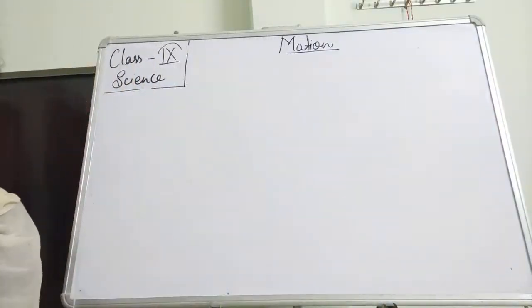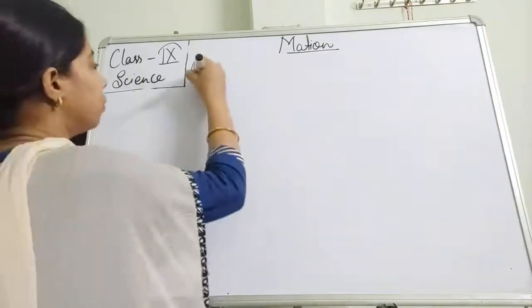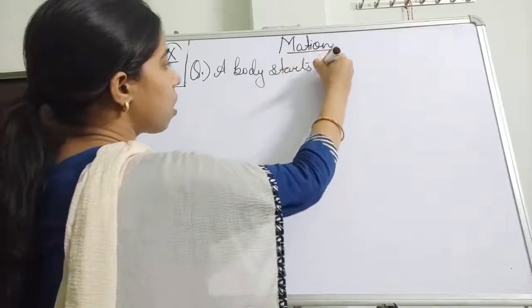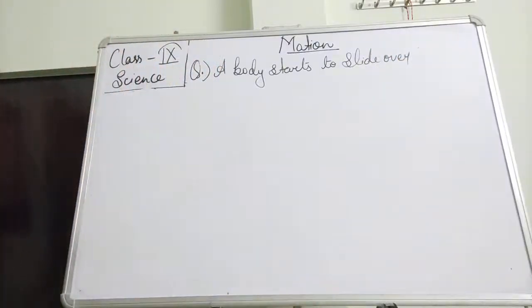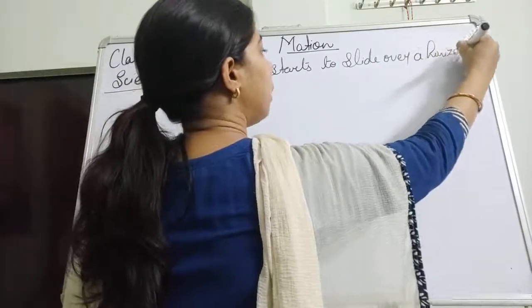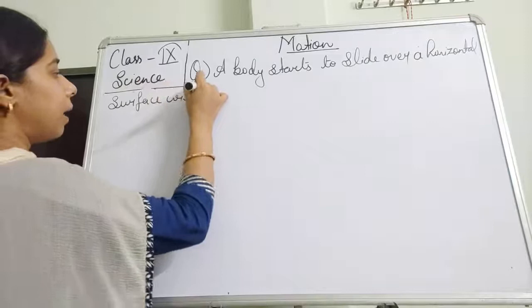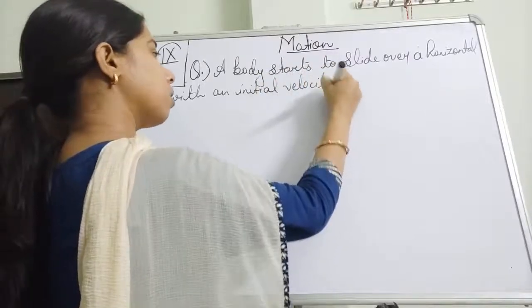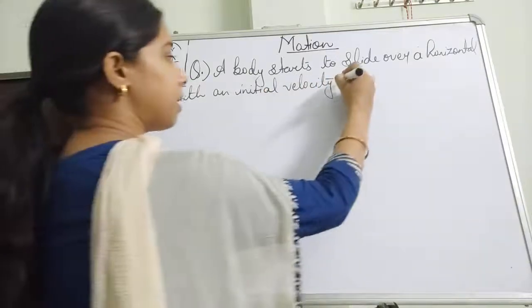The next question is, students: a body starts to slide over a horizontal surface with an initial velocity of 0.5 meter per second.